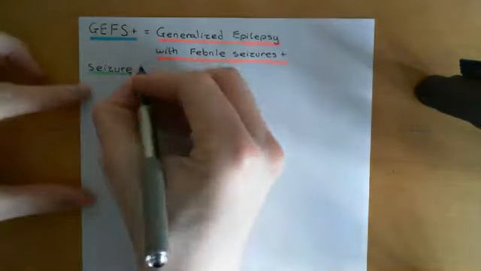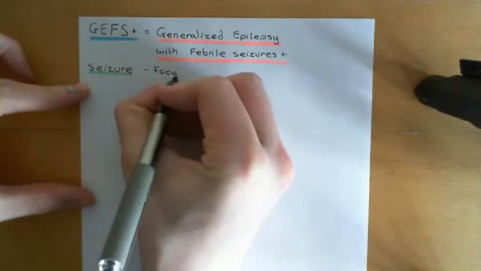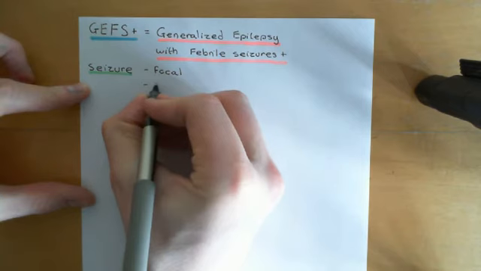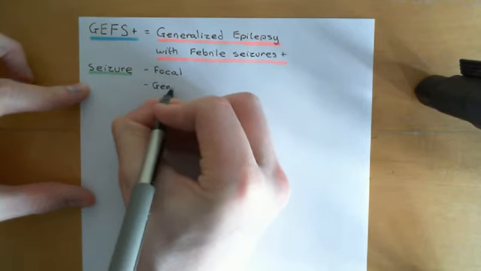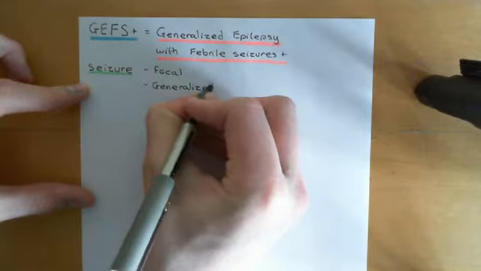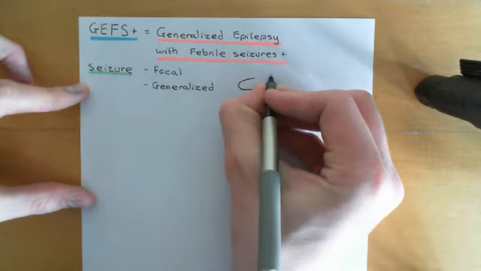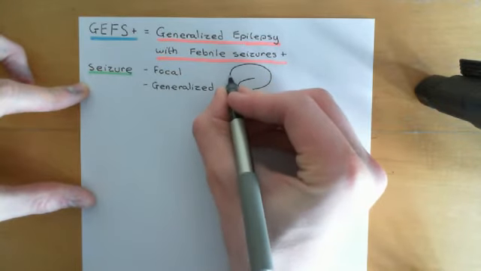Seizures come in two flavours. There are focal seizures and generalised seizures. A focal seizure is where it's just a small portion of the brain in which this storm of electrical activity is occurring.